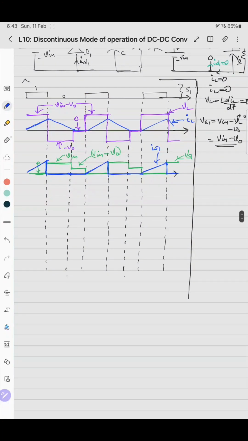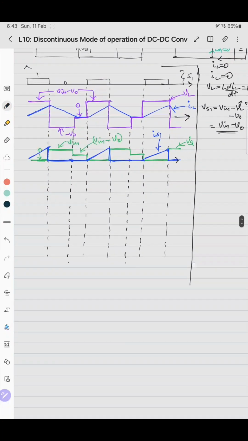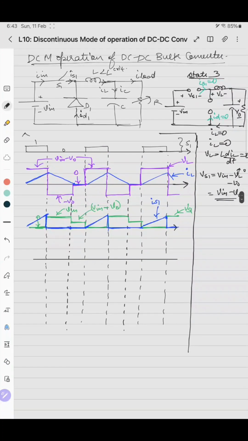I will go for the diode. So when the switch is on, the diode is off, the voltage across the diode is minus V in.